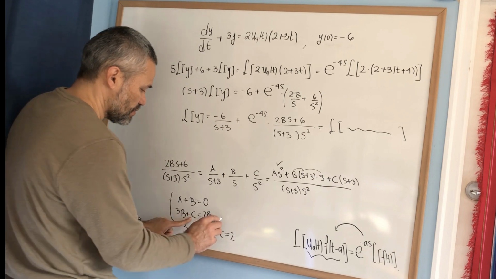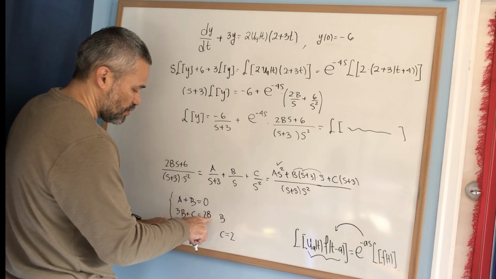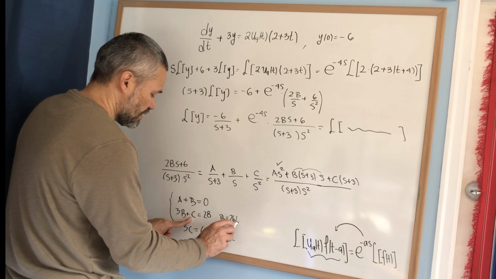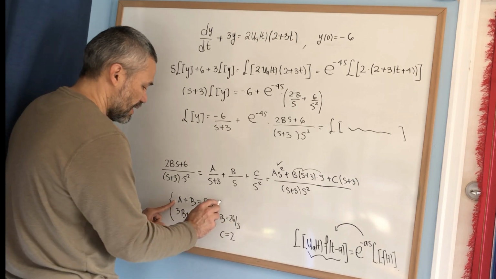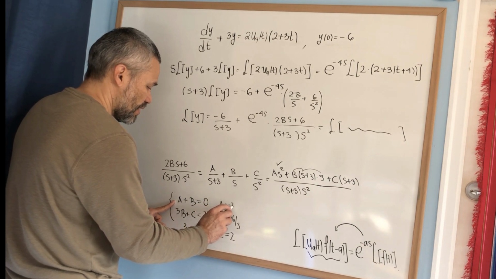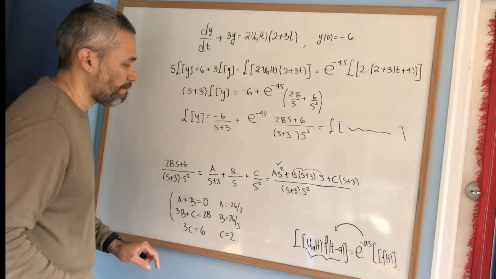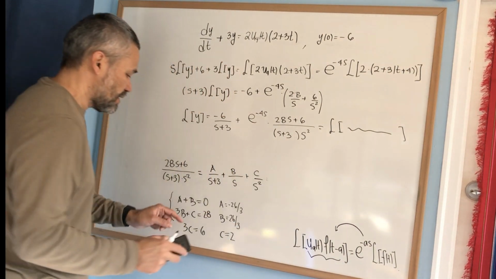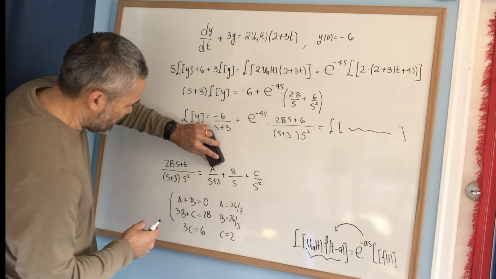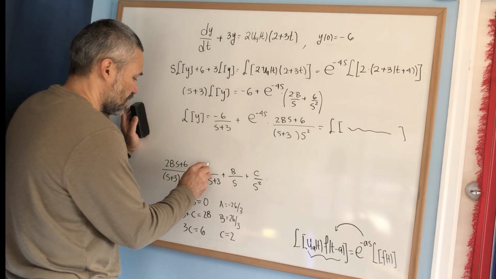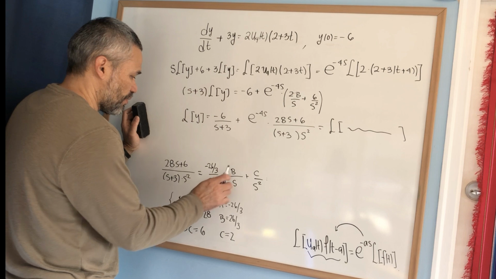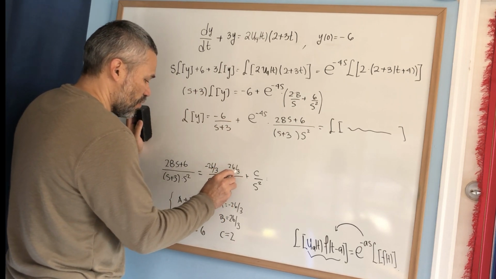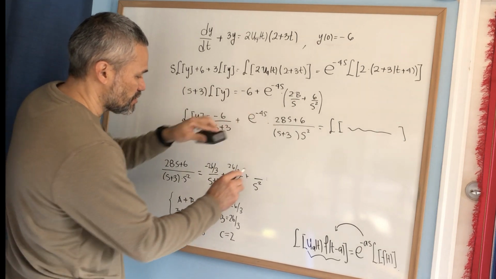And if c is equal to 2, we move this 2 to the right, and we get that b is 26 over 3, and a is negative 26 over 3. That means that all this process is to rewrite this expression as negative 26 over 3, b is 26 over 3, and c is 2.